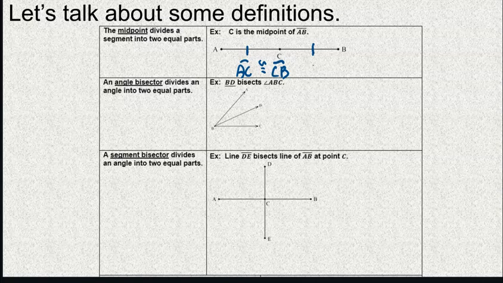Same goes for the angle bisector. A bisector for a segment or an angle essentially does the same thing as a midpoint. But to cut an angle in half, we do need a line. We can't use the point. The point at the middle of the angle is already called the vertex.